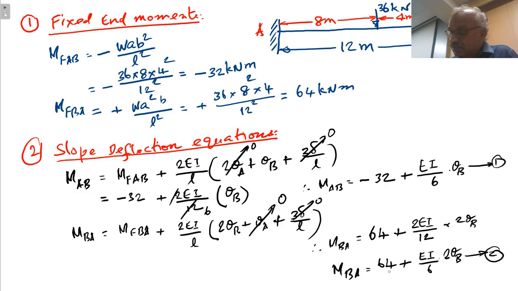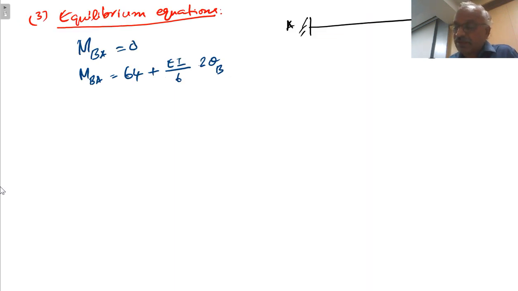So MBA equal to 64 plus EI by 6 into 2 theta B. This value MBA must be equal to 0. That is the equilibrium equation.